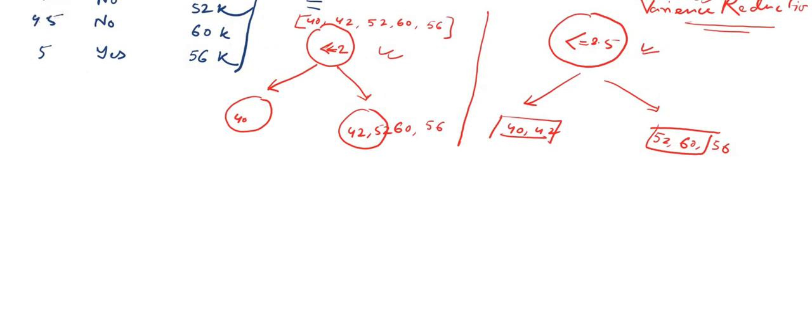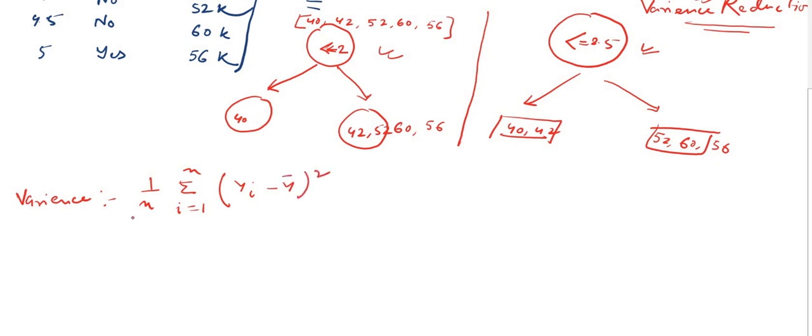So now let's consider what variance actually is. First we'll learn about the variance. What is the formula? The formula is 1 by n, summation from 1 to n, of (y minus y mean) squared.